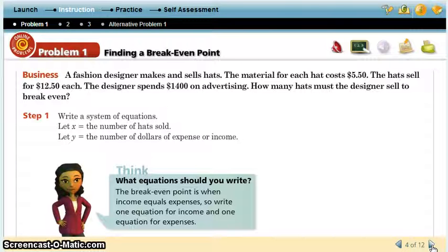So write one equation for income and one equation for expenses. The expenses equal the cost of the hat material plus the cost of advertising. The designer's income equals the cost of each hat times the number of hats sold.